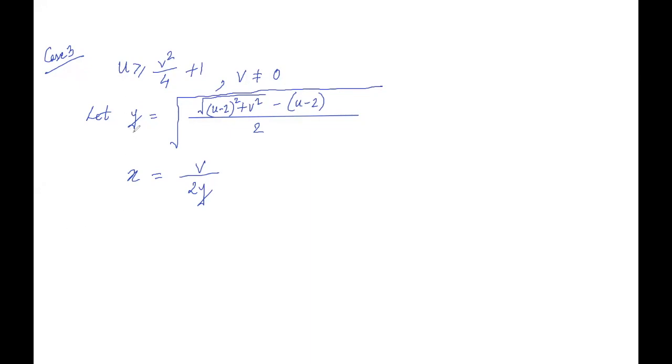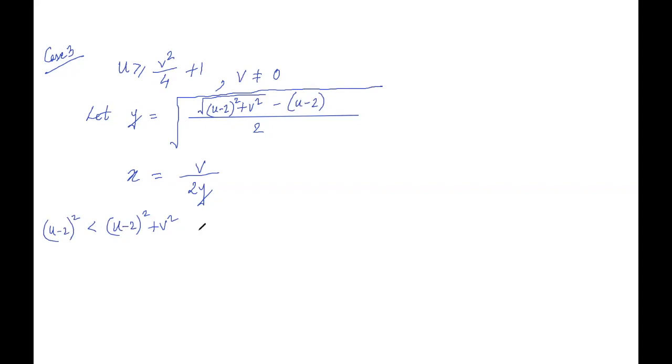So now I have to show that my y that I've chosen, its modulus is less than or equal to 1. So I can write u minus 2 whole square plus v square is strictly greater than u minus 2 whole square.